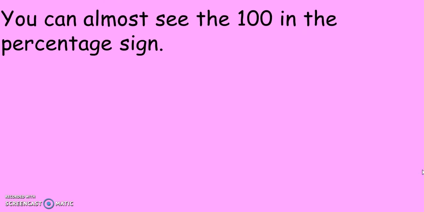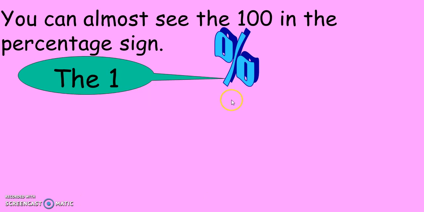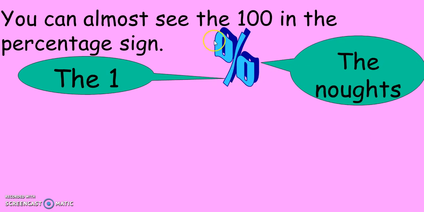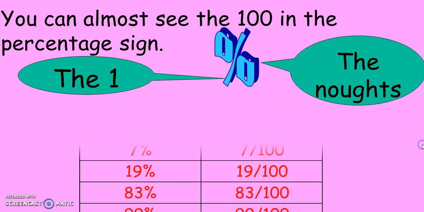We can almost see the 100 in the percentage sign. How? This is a percentage sign. The 1 in the middle, and these zeros. Right? So you can easily see the 100 in the percentage sign.